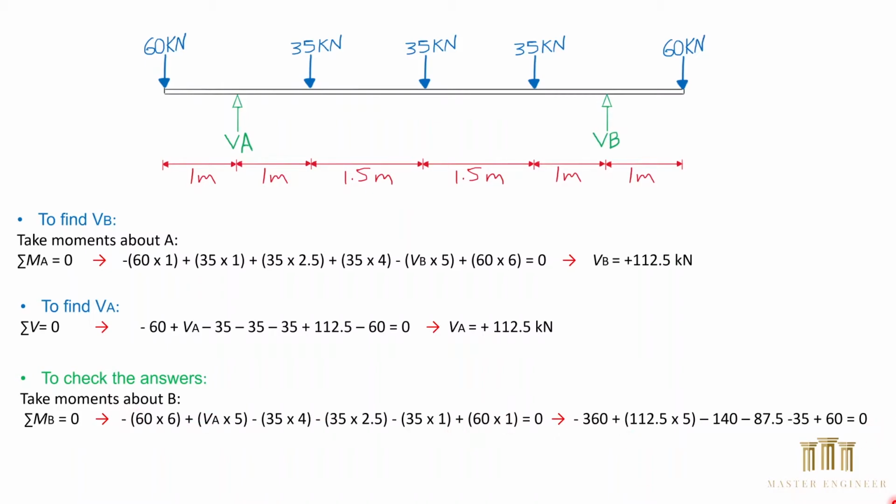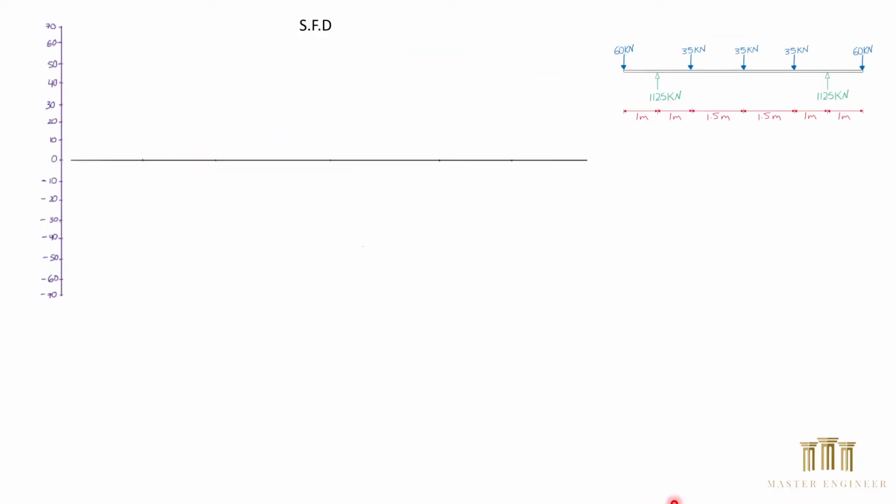We move on to draw the shear force diagram. It will make life much easier if you have the free body diagram here. We have X and Y axis. We start from 0. Then we could see 60 kilonewton from the free body diagram acting downward, which is minus. We draw a straight line all the way down to minus 60.